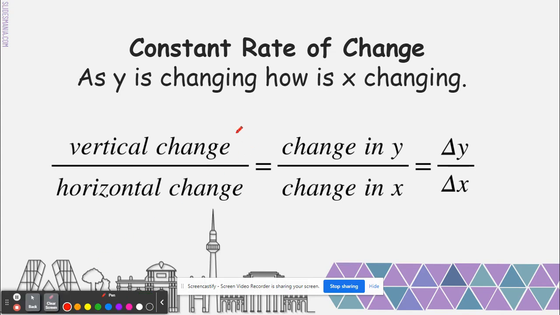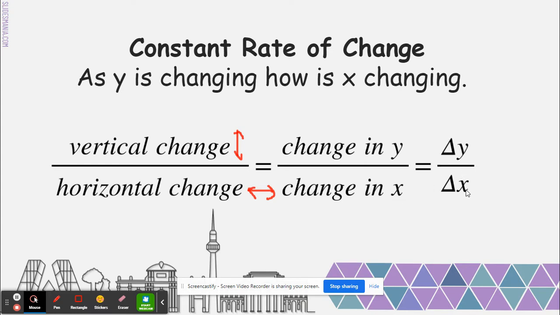So we're going to be looking at the change in y values versus the change in x, which is left to right, the horizontal change. We will calculate that change in y and divide it by the change in x.